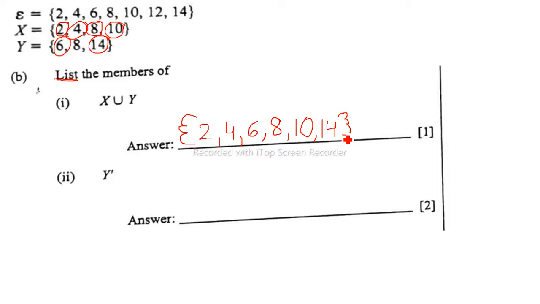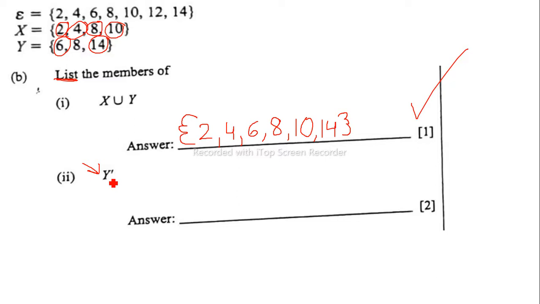We're good. Thank you. All right, so this one, how do we read this? Y complement. Okay, so what does it mean? Every other number but Y. Yeah, every other number, but inside what?